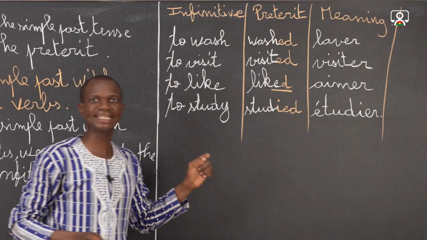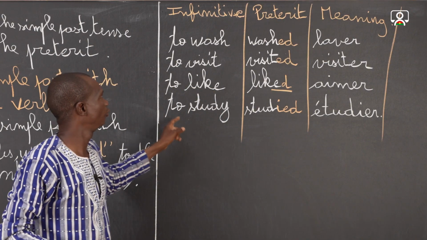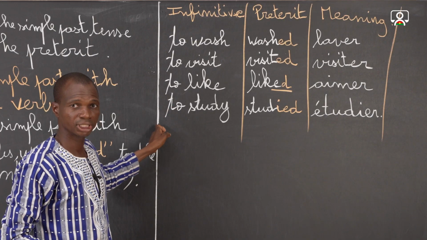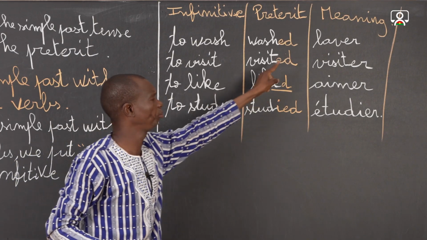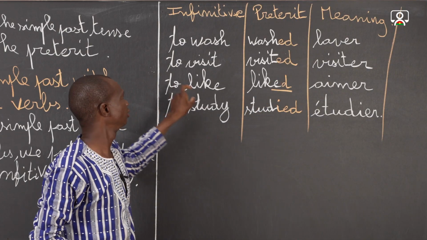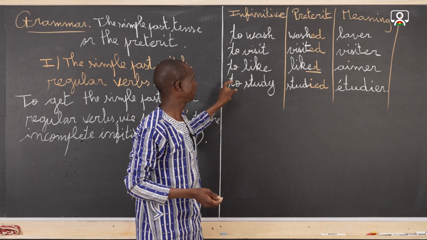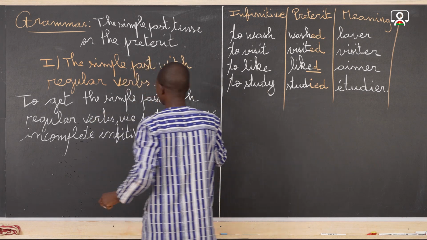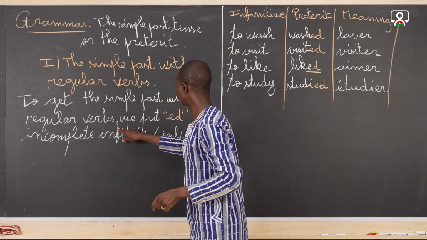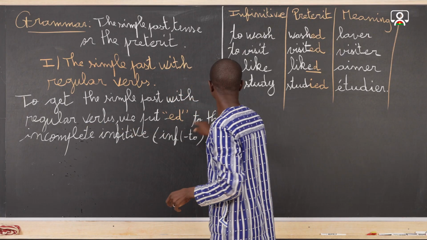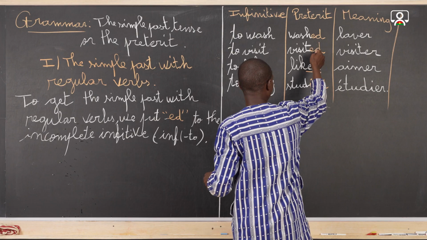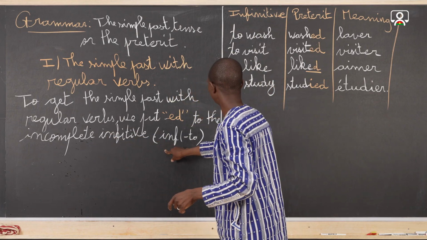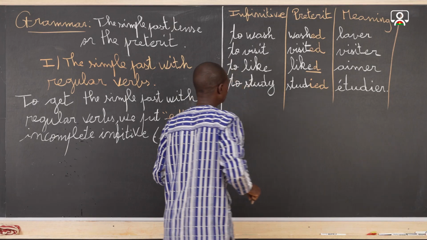These are examples of verbs that we use to get the preterit of regular verbs. To get the simple past with regular verbs, we put ed to the incomplete infinitive, meaning the infinitive verb without to.